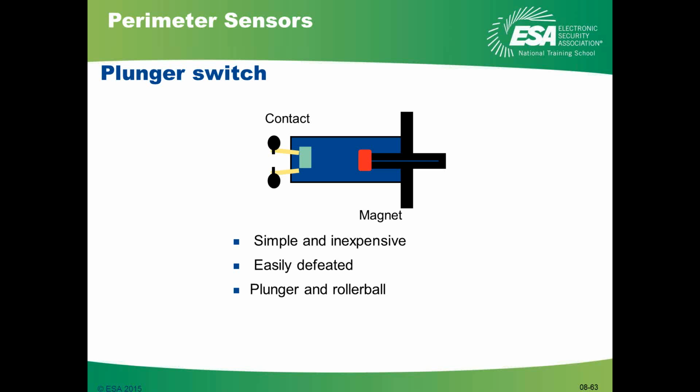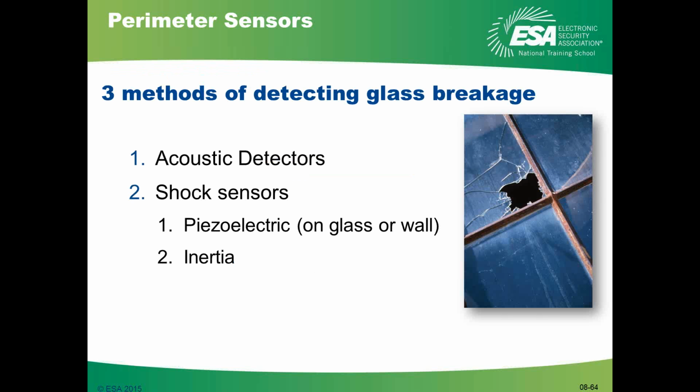The plunger switch, 3 methods of detecting glass breakage. Michelle, I think we have this listed as 3, but we're only listing 2 on this slide. Okay.